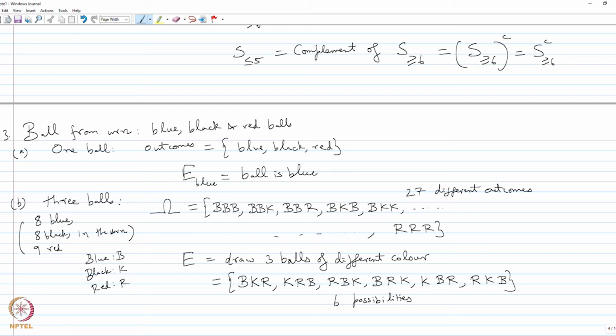You notice here it's just blue, black, and red, but since the 3 balls came one after the other and I know the sequence that's going to be different, I have 6 different possibilities. In case I did not distinguish the sequence in which the balls came, then all of this will collapse into just one possibility. All these things are subtle in the way the problem is posed in English, so you have to pay a lot of attention and exactly translate it into what it means. So this is a couple of examples from drawing balls from urns.